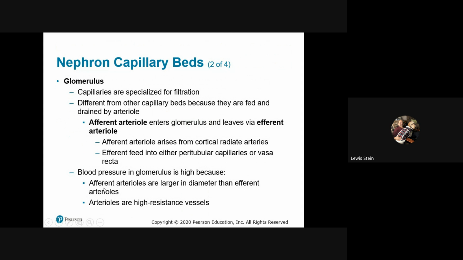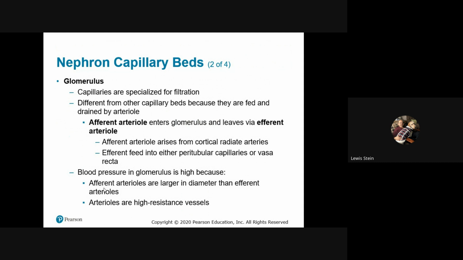And then the afferent arterioles are large in diameter. They are designed to resist that high pressure, but as you will see, the high pressure is imperative for them to accept this remarkable amount of pressure and volume that's coming in.